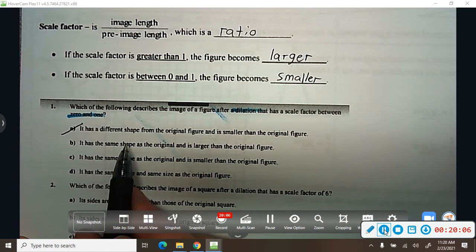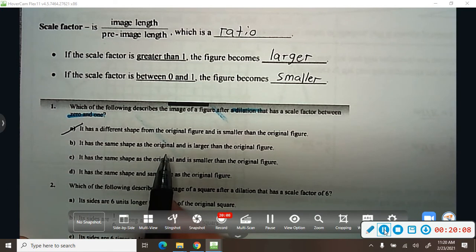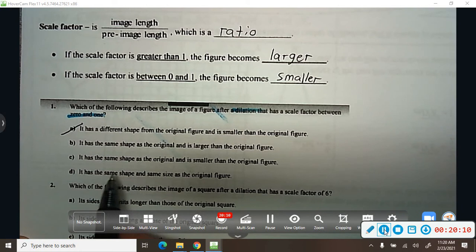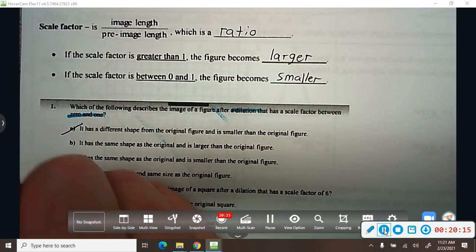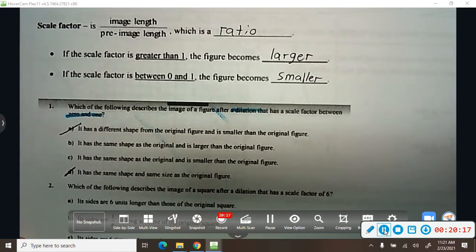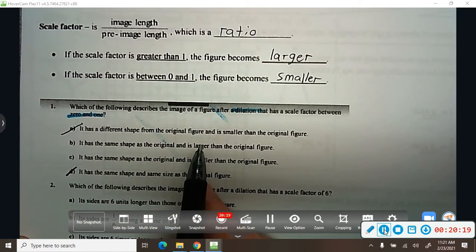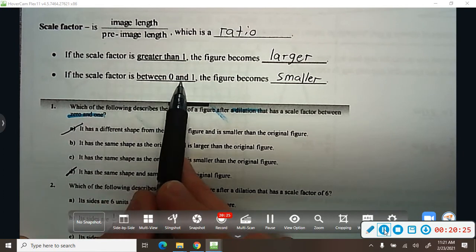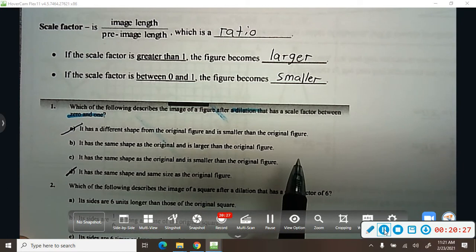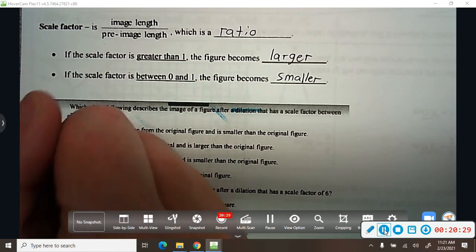Good. It has the same shape as the original. D says it has the same shape and is the same size. That would be congruent. Now I'm down to B or C. Now, does it get larger or smaller? If it's between 0 and 1, the figure becomes smaller. So I'm going to choose C.